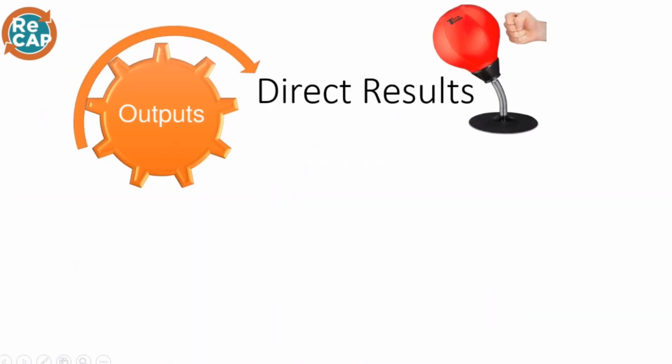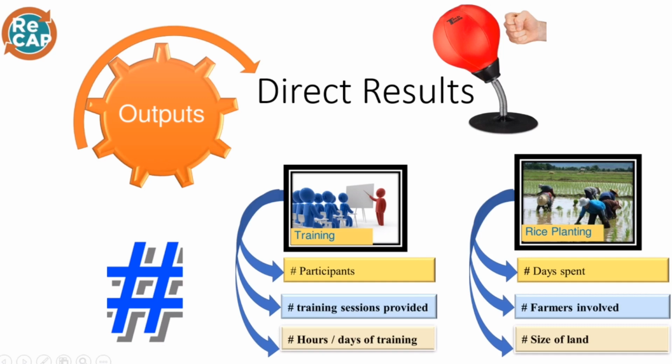And then the output is the direct result from the activity, which focuses more on the number of participants, number of trainings, number of farmers involved in rice planting, and number of days that we organize a training.